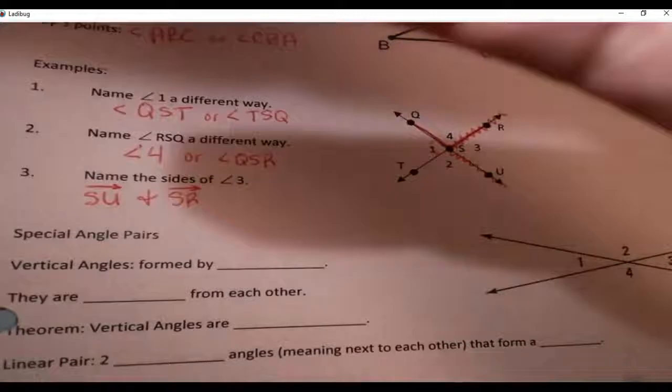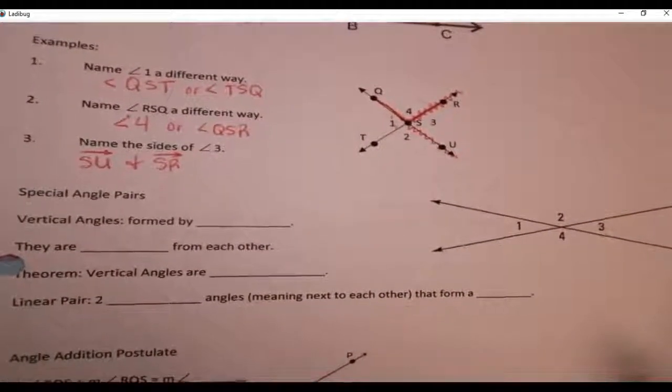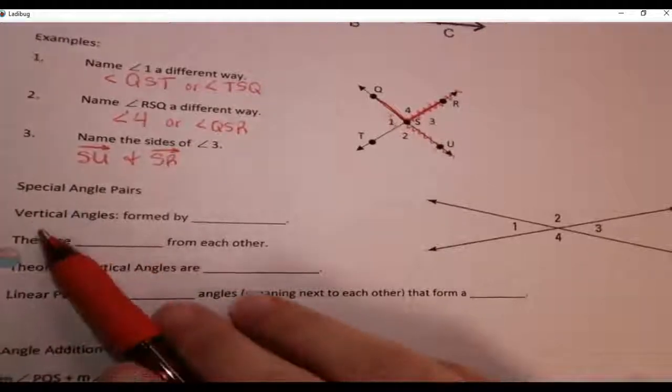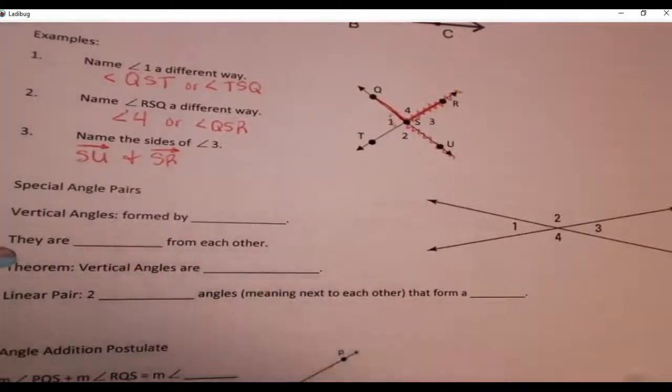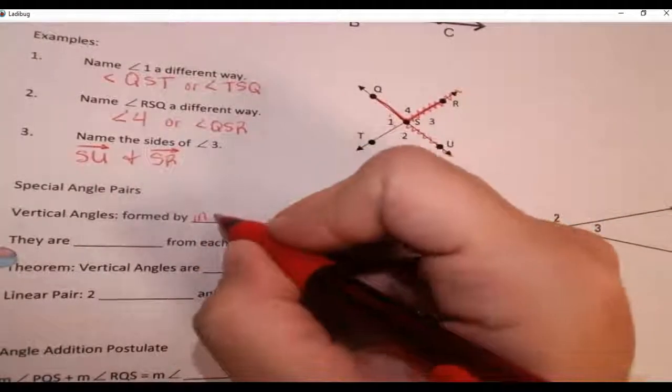Okay, so there are some special angle pairs that we're going to talk about. Vertical angles is something that we use a ton. Vertical angles are formed by intersecting lines.